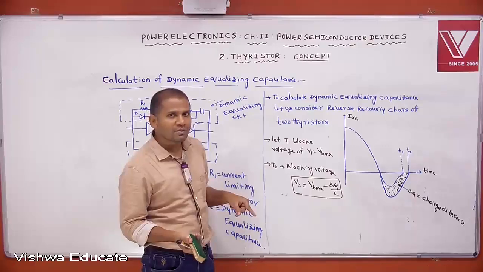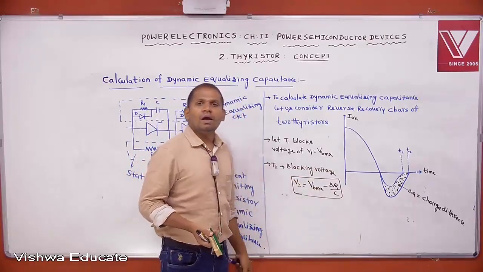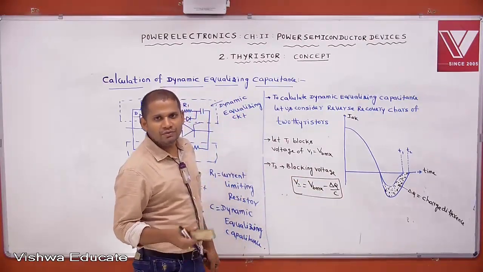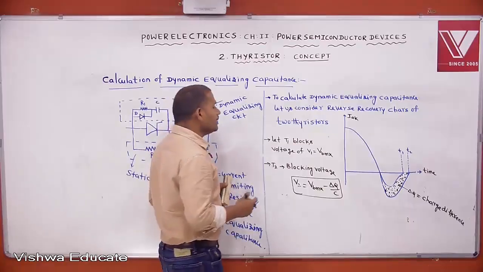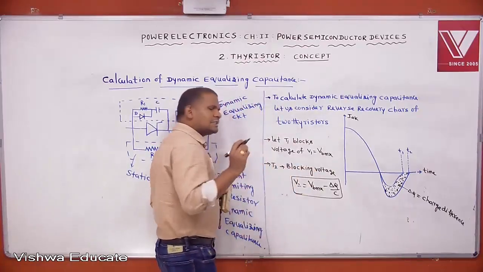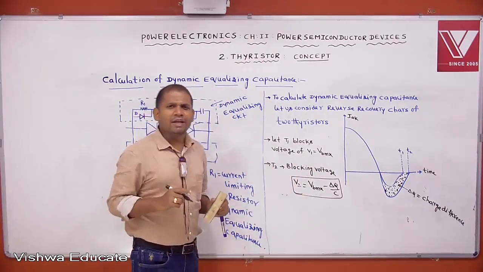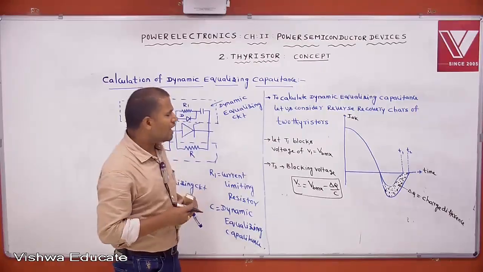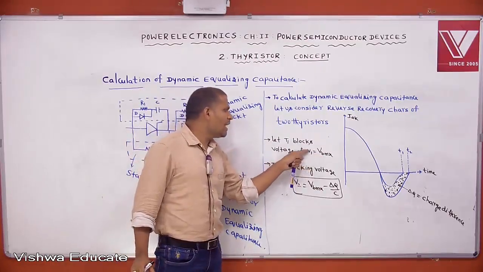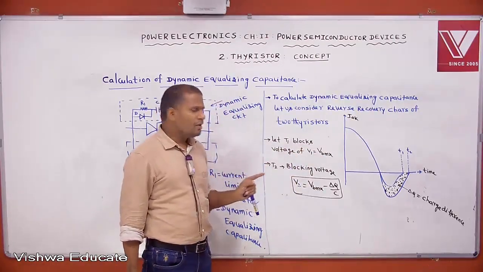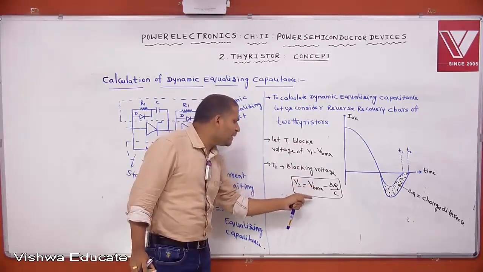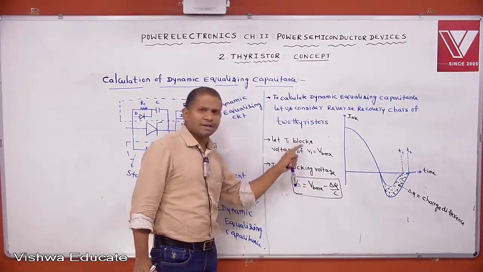But that is not possible because of the unequal charge difference. This is V1. It is the same concept I explained in the derivation of static equalizing resistance. I am assuming that T1 belongs to one category and the remaining Ns minus 1 SCRs belong to the other category.